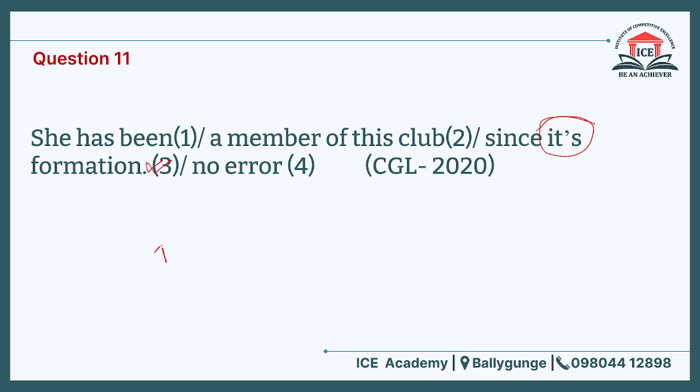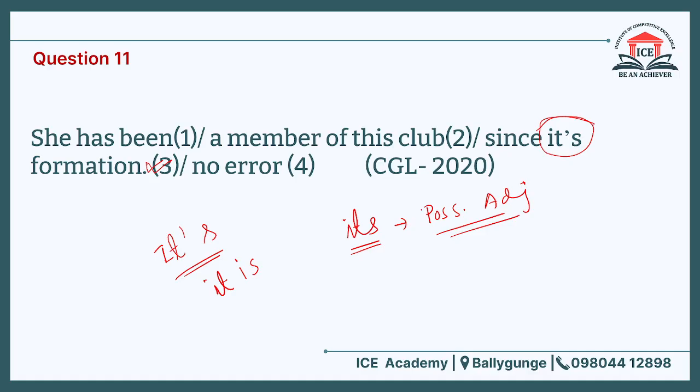Now, it's with an apostrophe, it means it is, or it has. And ITS without an apostrophe is the possessive adjective case of the pronoun it.